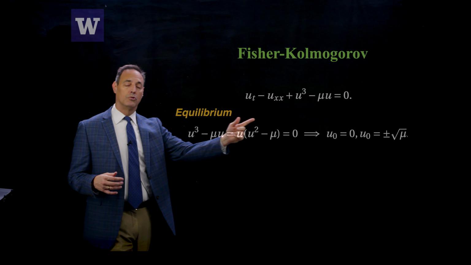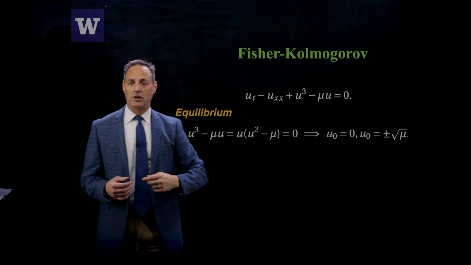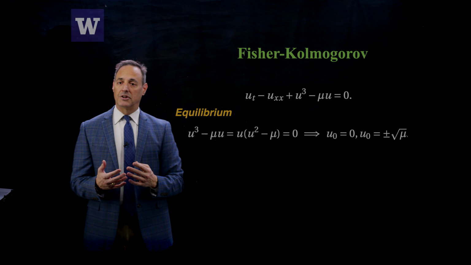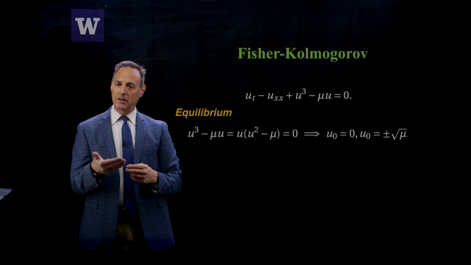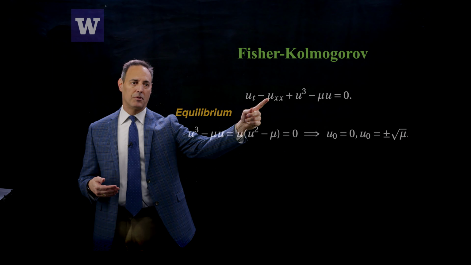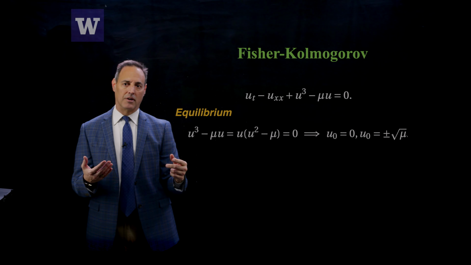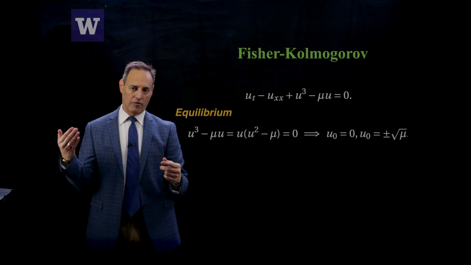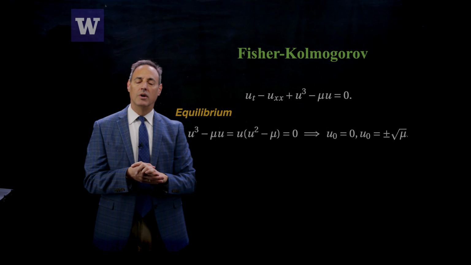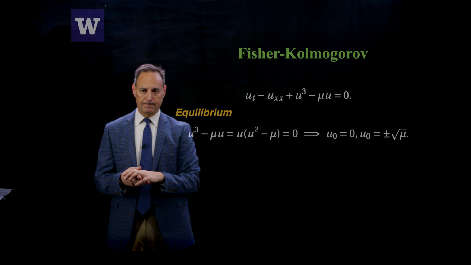And then there's the solution branch, u naught equals plus or minus square root of mu. Okay? So those are the solution branches. And notice it looks a lot like a pitchfork at this point, right? So once I drop these terms out, or even if I drop the u_xx, the normal form is the pitchfork bifurcation. I go from one solution to three solutions when mu goes from positive to negative.